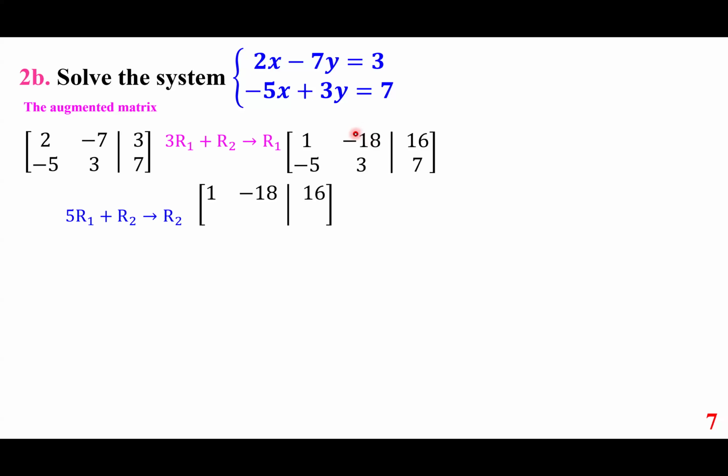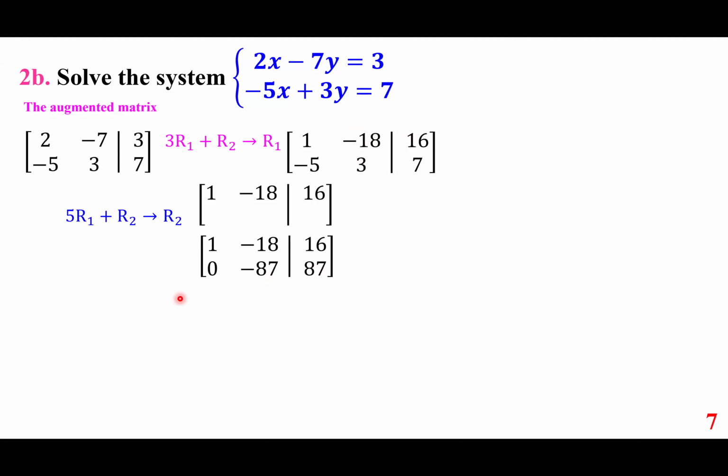If I multiply this by 5, I get negative 90. With 3 is negative 87. Negative 87. If I multiply this one by 5, I get 80 plus 7 is positive 87. Okay.